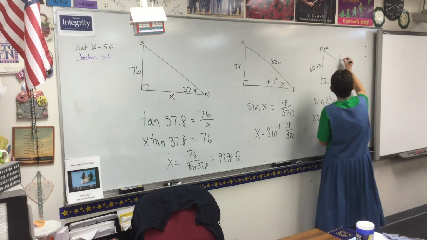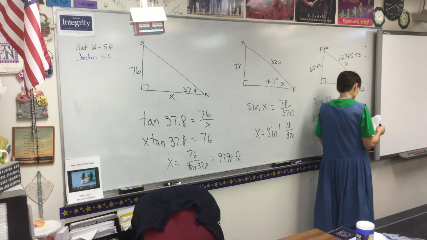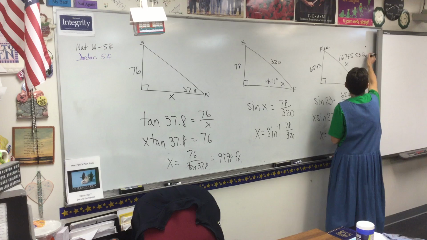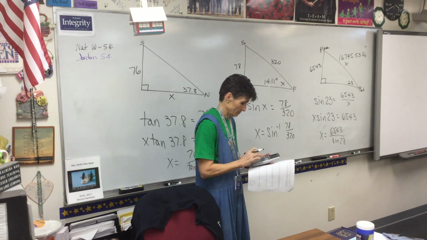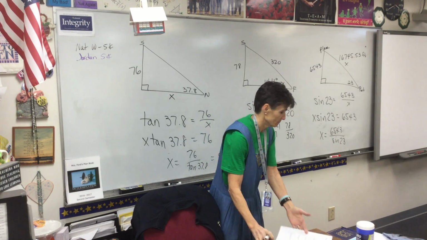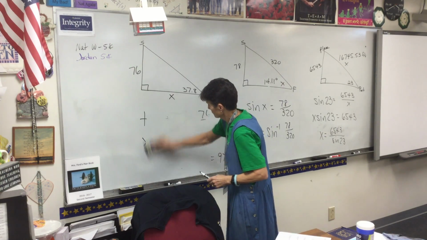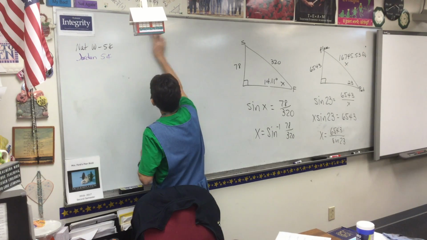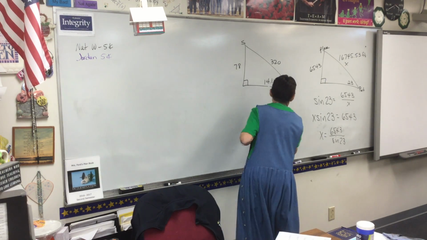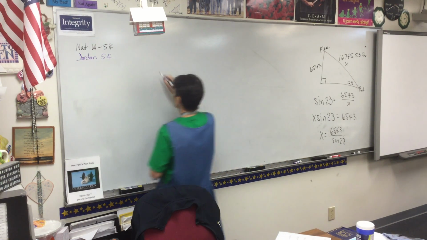Okay, I got a big number, 16745.53, and the unit is feet. The words are different, but aren't these problems pretty much all the same? We should be getting the hang of it here. 2 more.